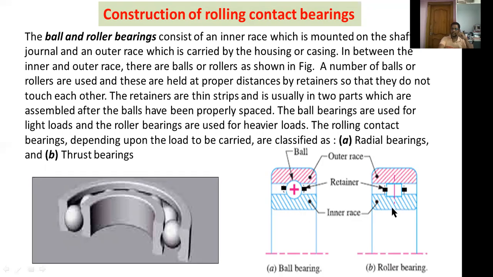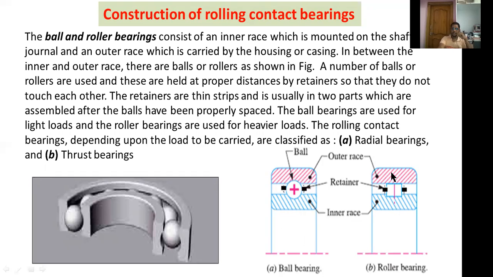This inner race is mounted on the shaft or a journal. Here we are placing a shaft. And this one is called the outer race.